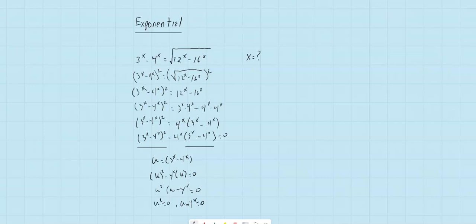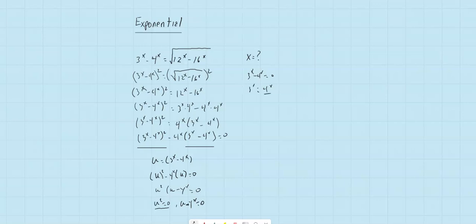So let's go ahead and try first u equal to 0. This is the first one we're going to try. So we're going to say that 3^x − 4^x is equal to 0. So 3^x is equal to 4^x.